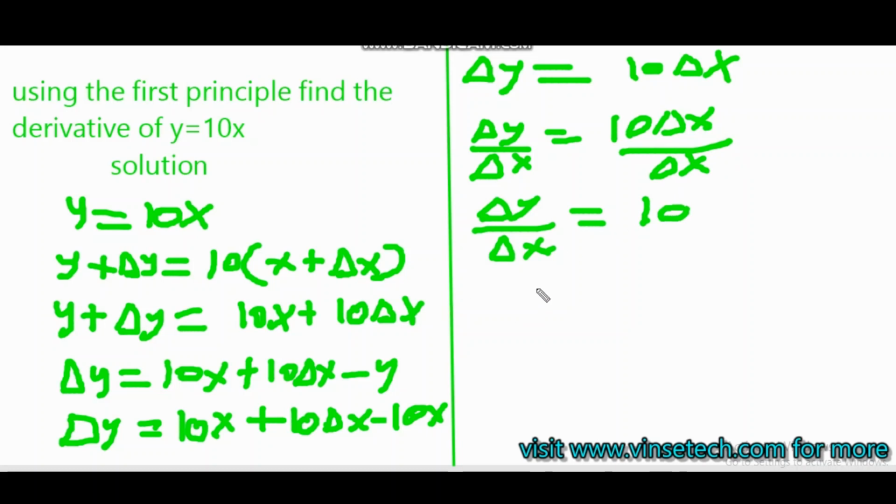Then the final step, we take the limits as delta x tends to 0. Taking the limits, change in y over change in x will now change to dy over dx. Taking the limits, we now have dy over dx is equal to 10. So this is your final answer.